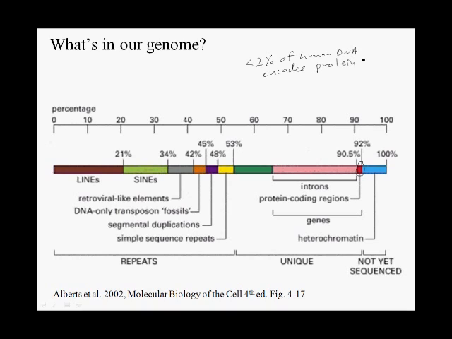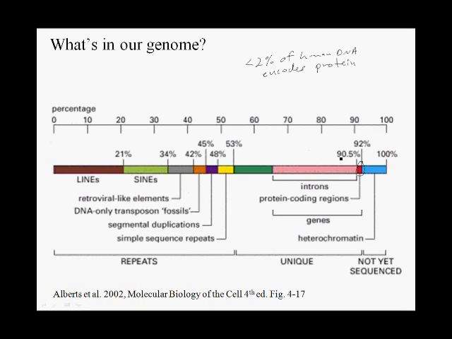Well, what about the introns? So remember, human genes, most of them have introns, these intervening non-coding sequences, but these introns are transcribed, and so they should be included as part of human genes.